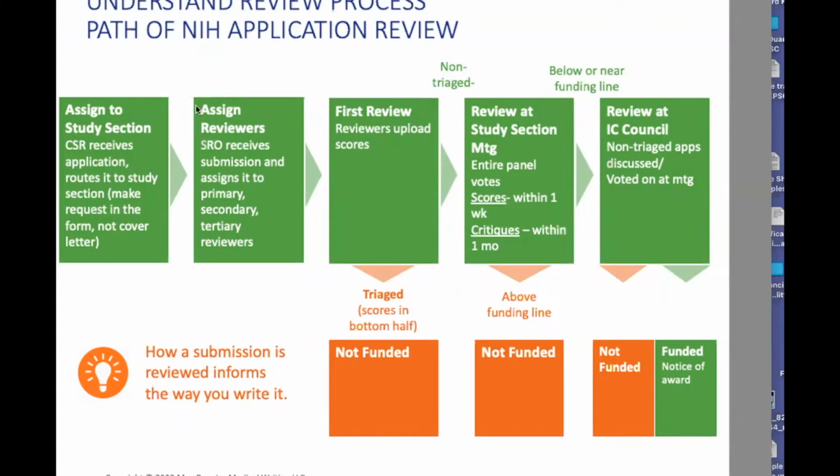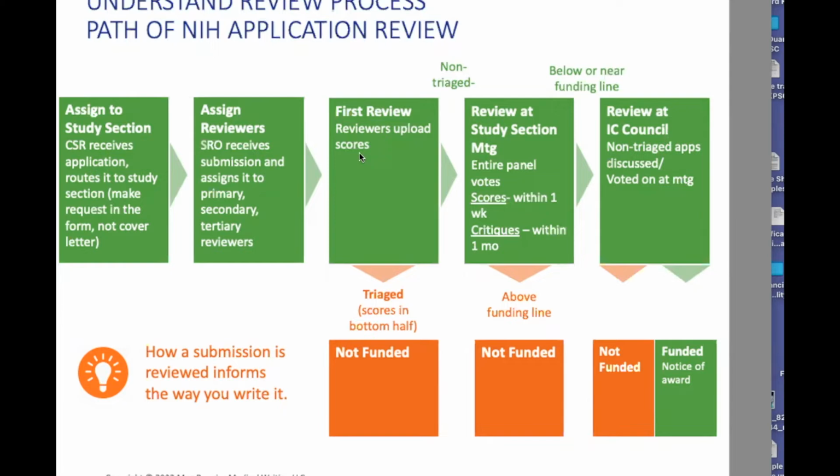And the SRO, the scientific review officer who runs the study section, receives the applications and assigns them to reviewers: primary, secondary, tertiary reviewer. Those folks will read it ahead of time before the study section meeting, and they'll upload their scores.